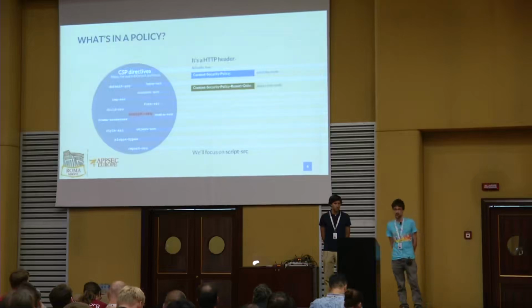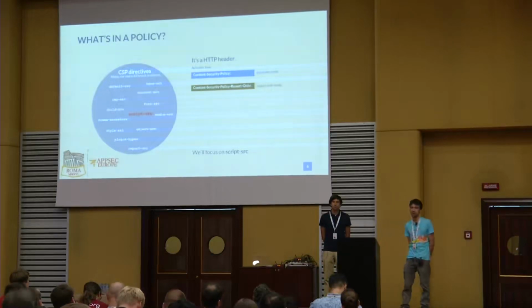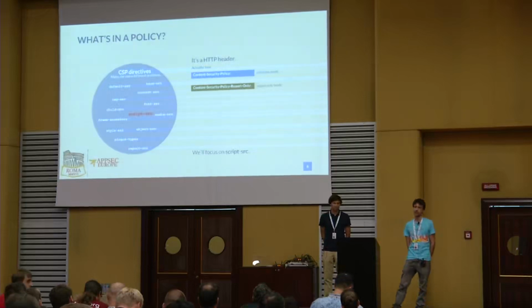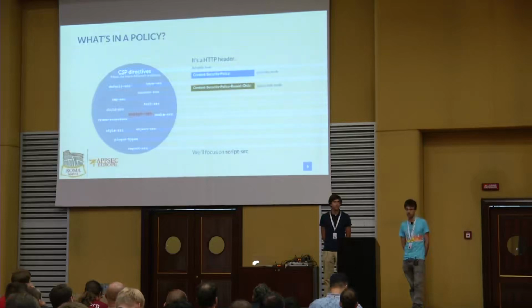Content-Security-Policy, with dashes, if it is in an enforcing mode, so if it actually blocks the fetch of the resources that are not allowed by the policy, or Content-Security-Policy-Report-Only if it's just reporting mode, so it does not block the resources that are not allowed, but it still sends a report to the web administrator for later investigation.